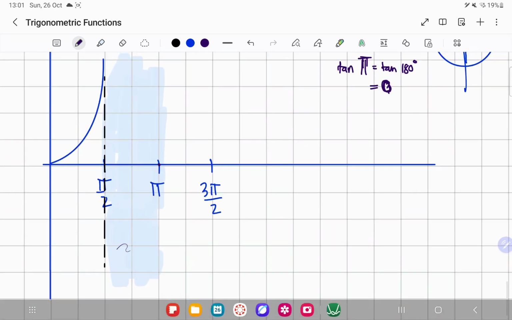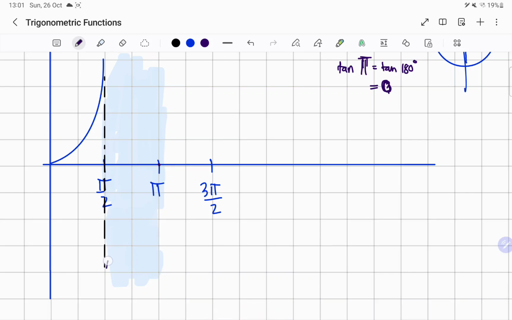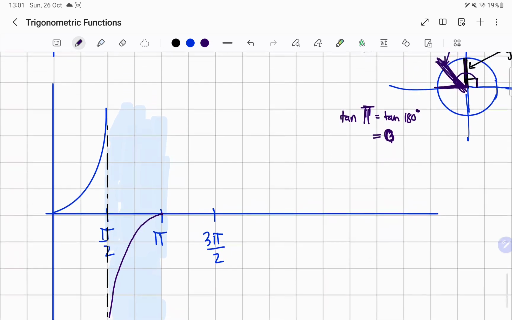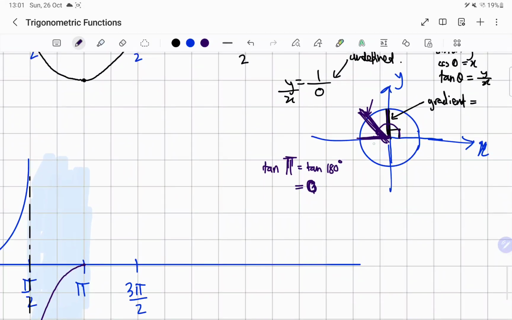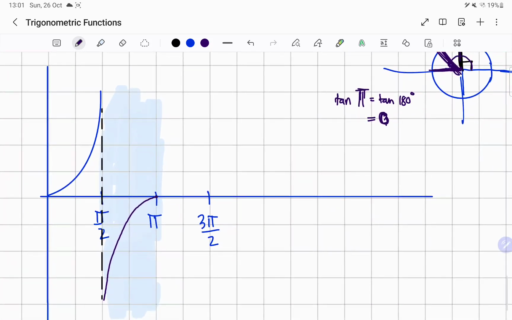And so what you'll see is it starts from negative infinity and goes to 0. Then tangent in the third quadrant will basically follow tangent in the first quadrant, and you will have an asymptotic line again.